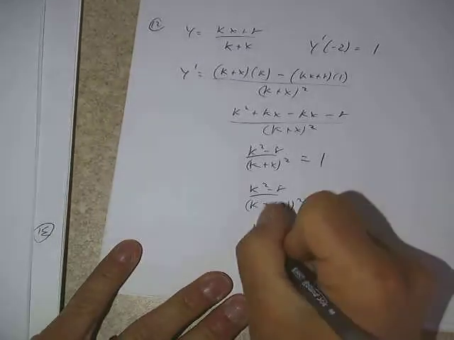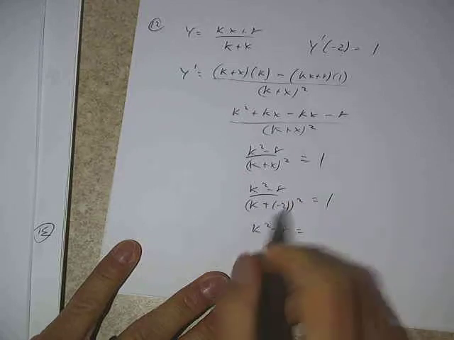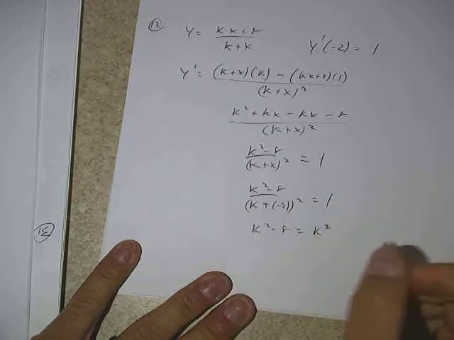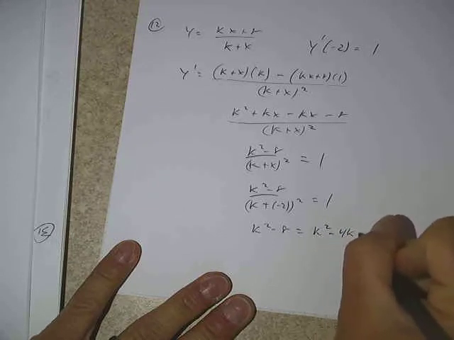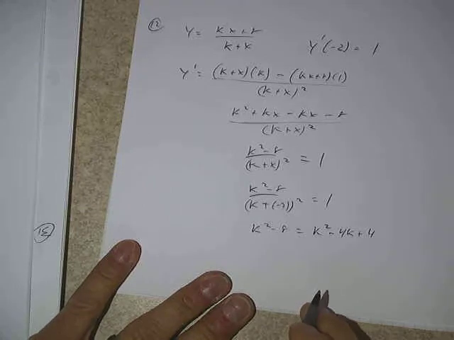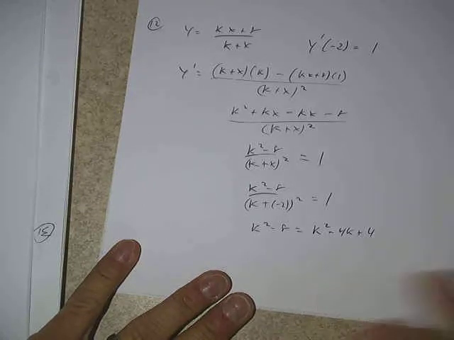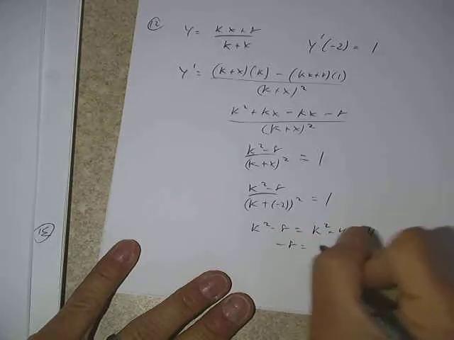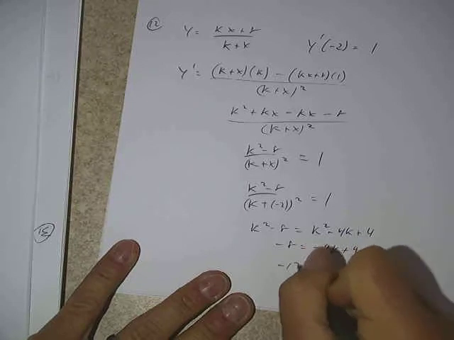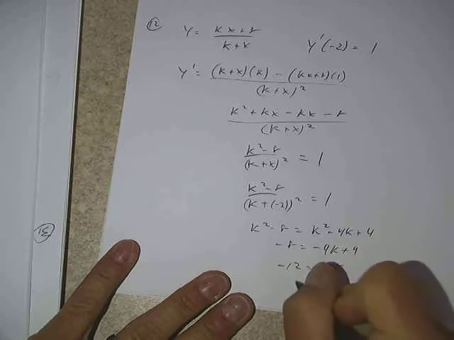Now remember, this is the derivative, right? And we know that this equals 1, but it equals 1 when x is equal to what? When x is equal to -2. So if I do k squared minus 8 over k plus -2 all squared equals 1, then I would ultimately have an equation that has just k in it only, which is good. I want to be able to solve this for k.